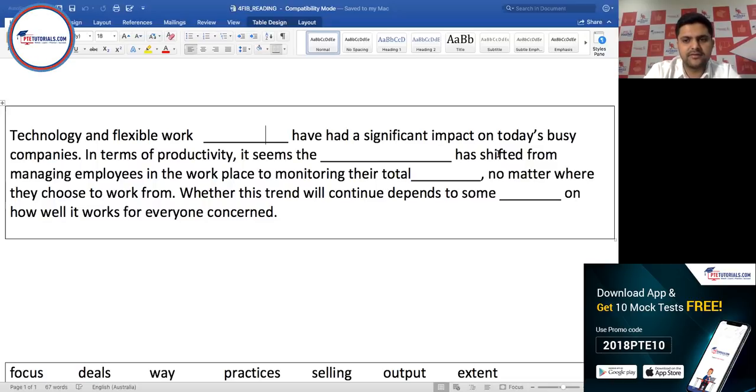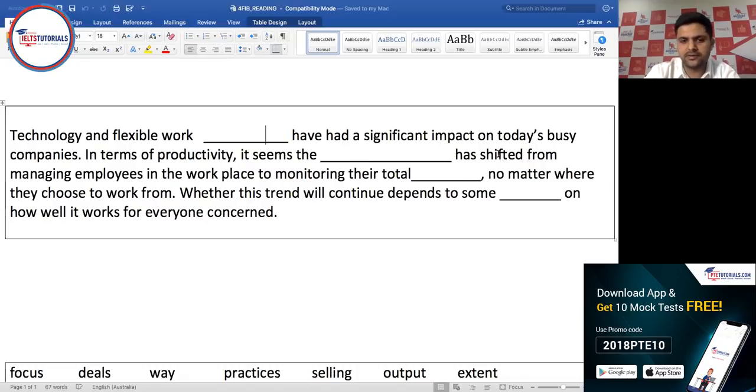It seems the way has shifted. We already used practices. It seems the selling has shifted. It seems the output has shifted, and it seems the extent has shifted. When you compare all these options, the only word that collocates easily with shifted is focus has shifted.